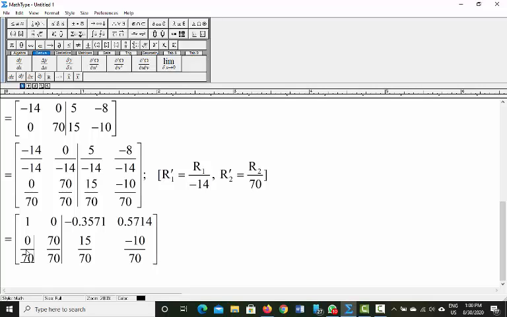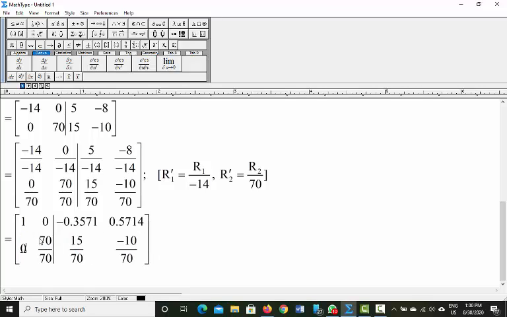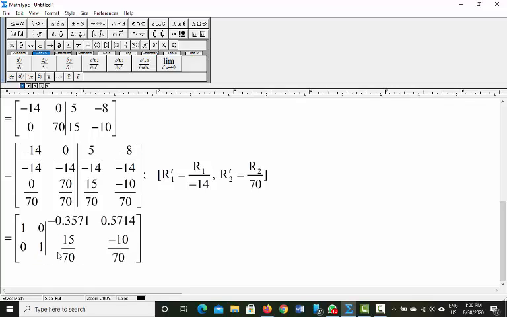This one, 0 divided by something is 0. 70 divided by 70, we will get 1. Here we will get 15 divided by 70, which is 0.2142.